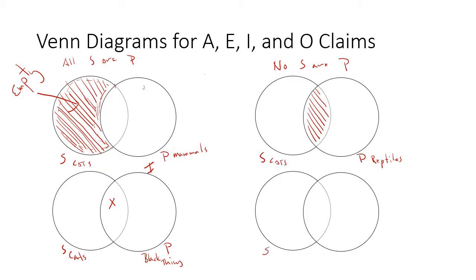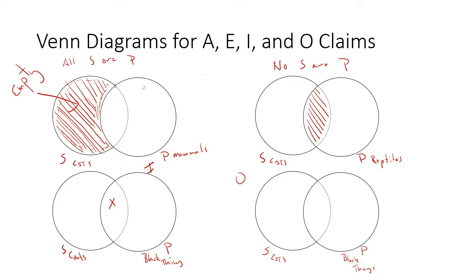Because what we're saying with O claims is some S are not P. So here we've got cats again, and here we have black things, and especially if you have a cat that isn't black, we know that some cats are not black. Both of my cats are not black, Lily and Lulu, but for our purposes we're just going to talk about one of them.